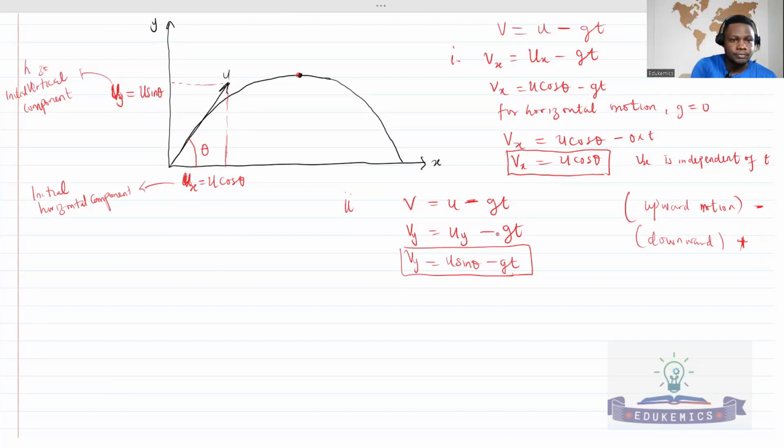Part B says we should state the assumptions on which projectile motion is based.